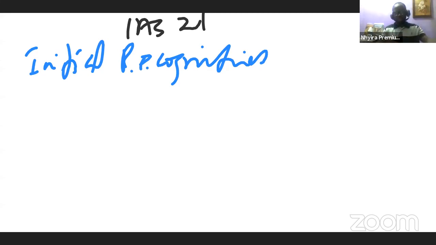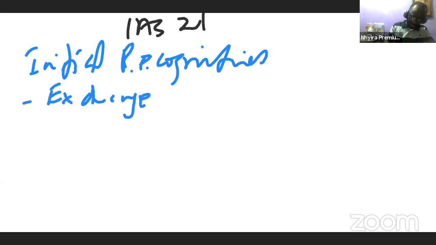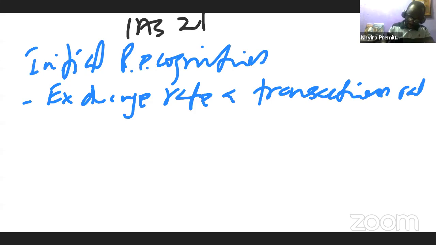So I'm going to use an illustration to go through and see what we're going to be doing. So at the initial recognition, we're going to be using the exchange rates at the transaction date.